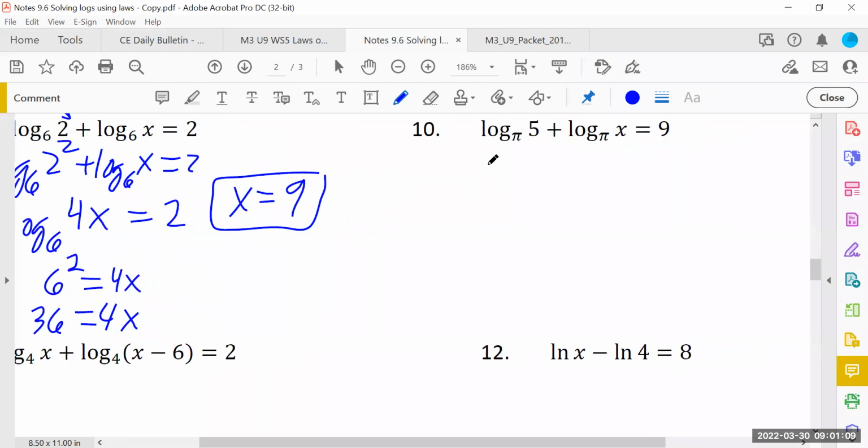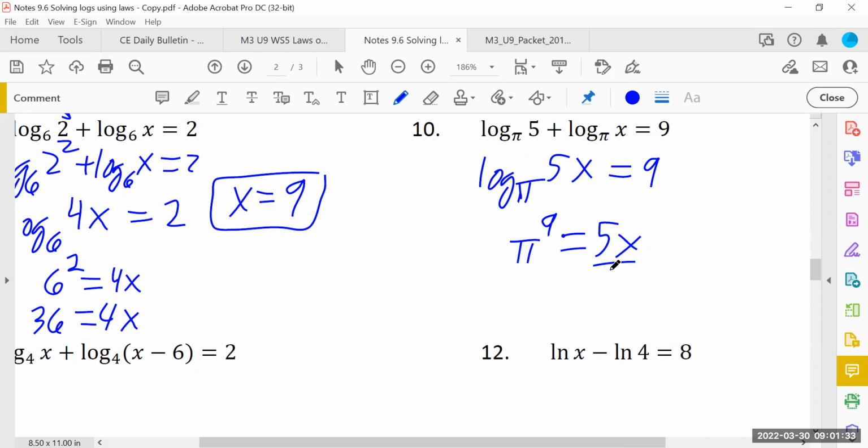Okay, this one. Whoa, log base pi. Why not? It's a number. You can do it. Steps are the same. Log base pi of 5x equals 9. Pi comes down, it's your base. Pi to the 9th power equals 5x.